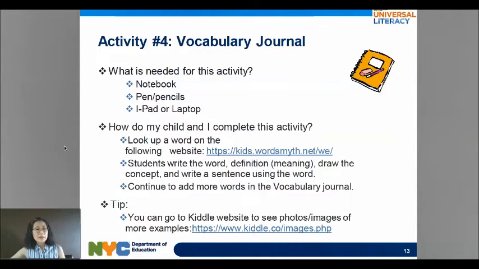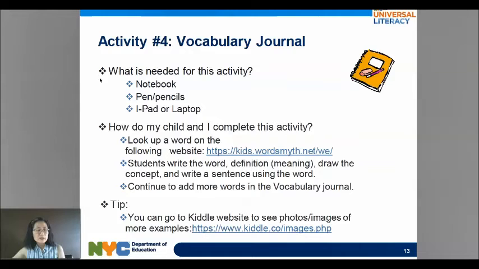That's why making a vocabulary journal would be helpful for children to retain words. So first, the materials for this activity: you need a notebook, pen and pencils, and an iPad or laptop or computer.